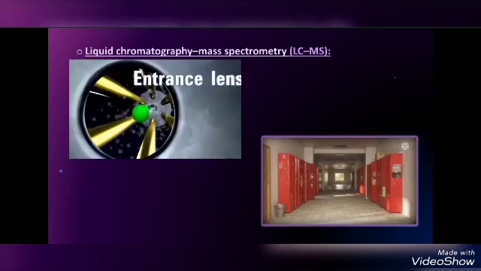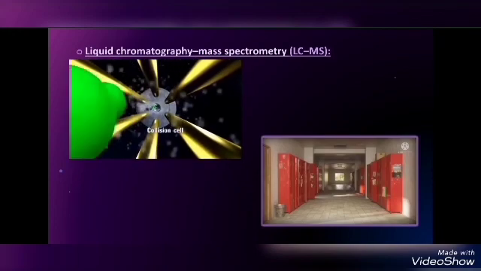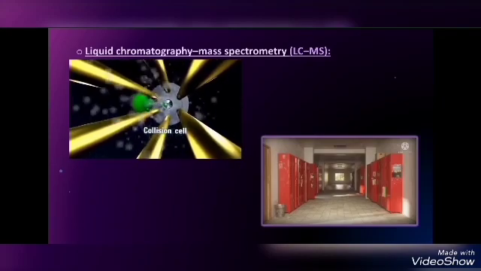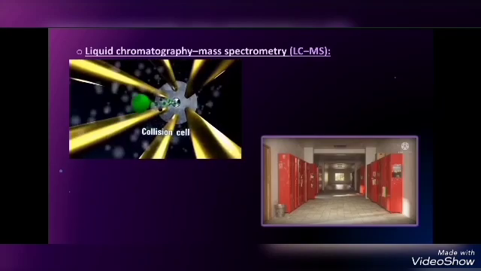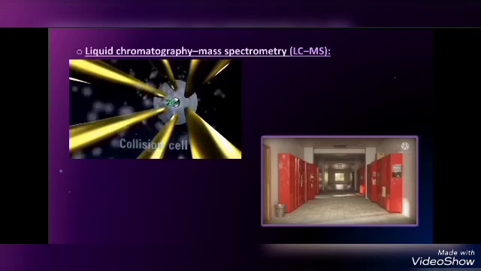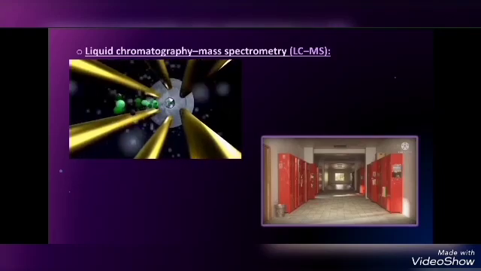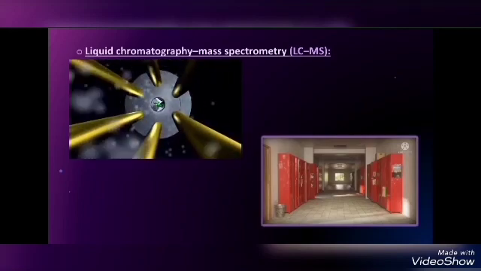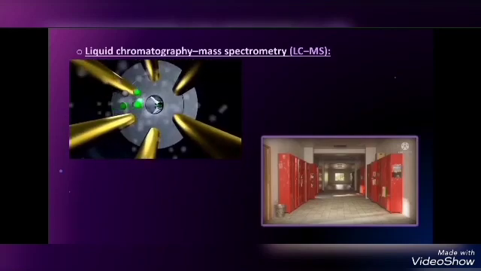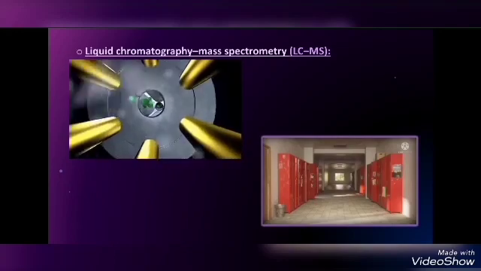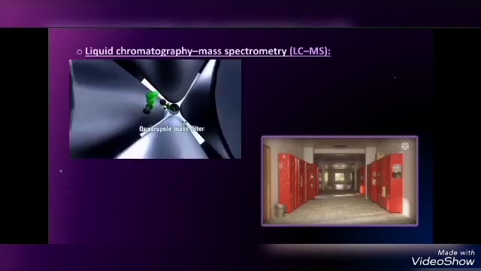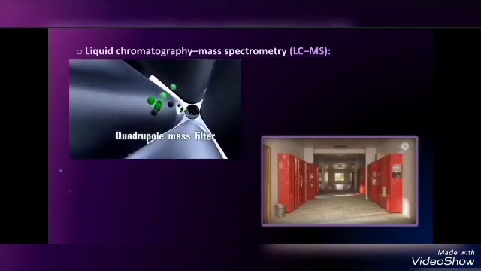By the entrance lens, they go to the collision cell. And then by the exit lens and beam shaper to the quadrupole mass filter.